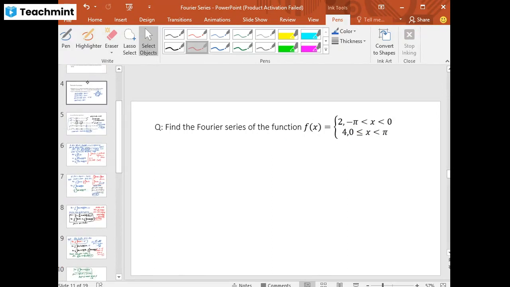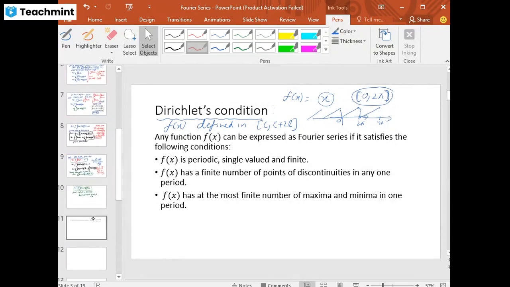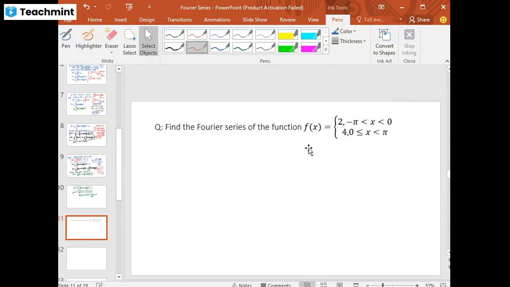In the Dirichlet conditions, we have discussed that a function has at most a finite number of points of discontinuity in one period. In the given question, your function is piecewise continuous. It is discontinuous at the point minus pi as well as at the point pi.